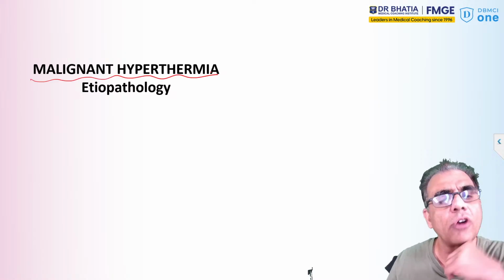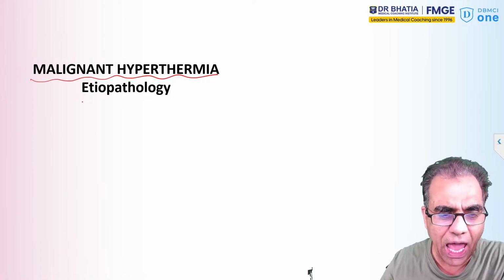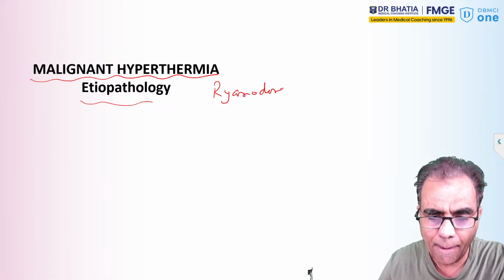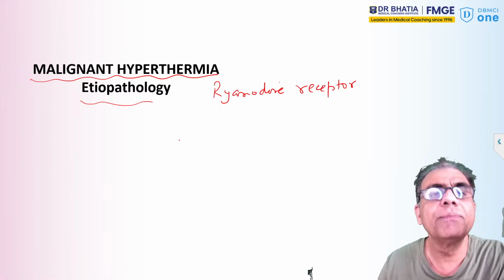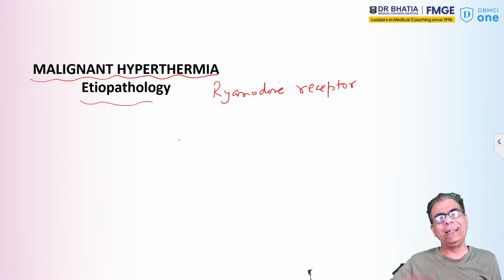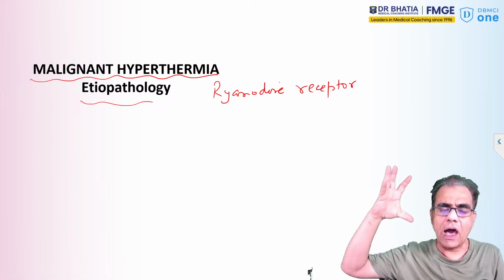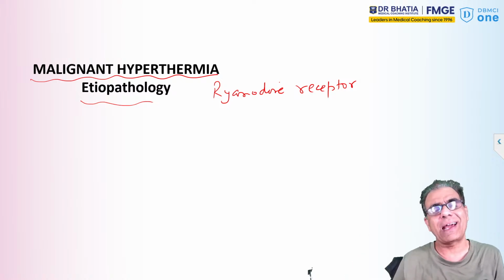Very, very important topic. Why does malignant hyperthermia occur? This is an abnormality of the ryanodine receptor, and the ryanodine receptor, you know, is a calcium release receptor. The abnormality of that leads to accumulation of calcium in the sarcoplasmic reticulum, and this accumulation of calcium will cause sustained muscle contraction, and the sustained muscle contraction will increase muscle metabolism.